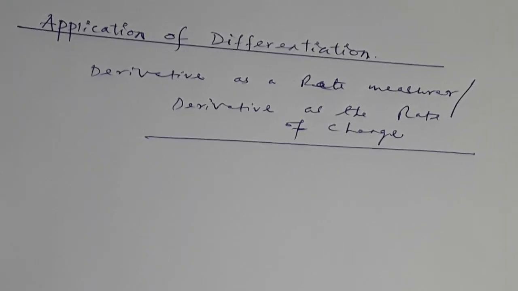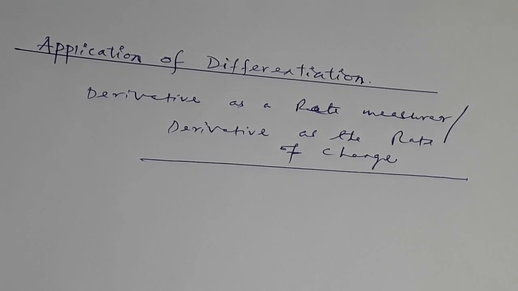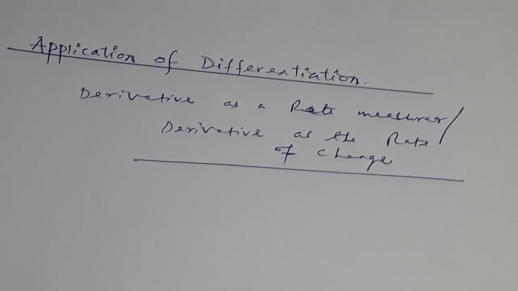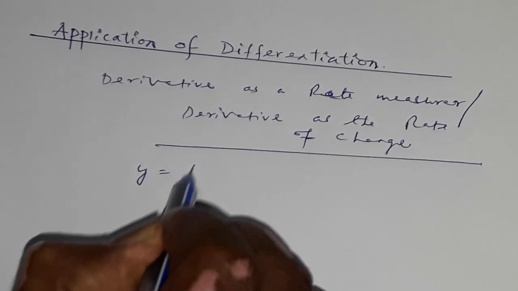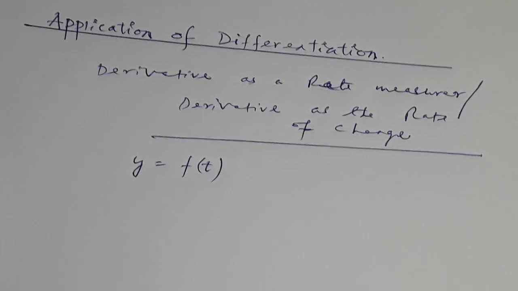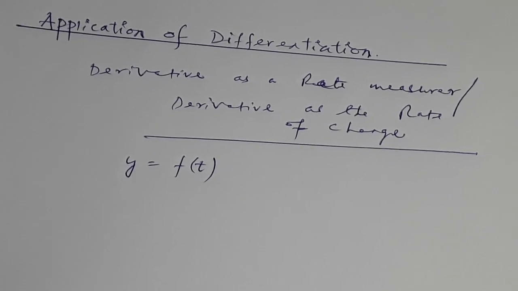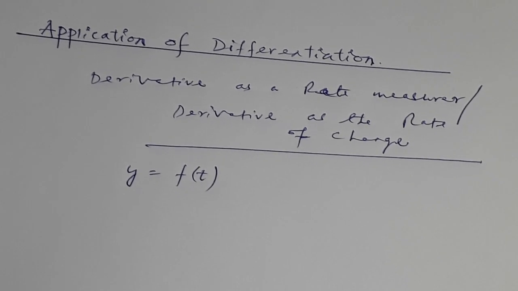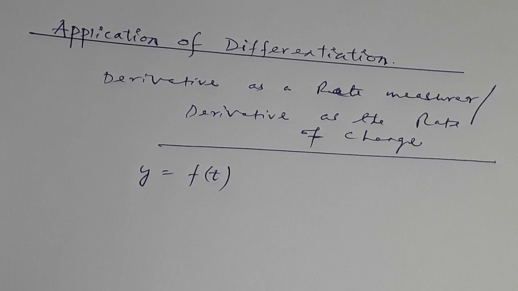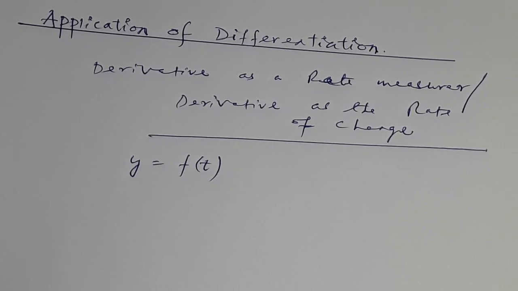If a variable quantity y is some function of time t, that is y equals f(t), then the small change in time del t have a corresponding change del y in y.